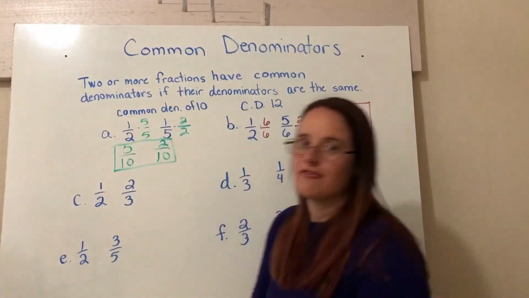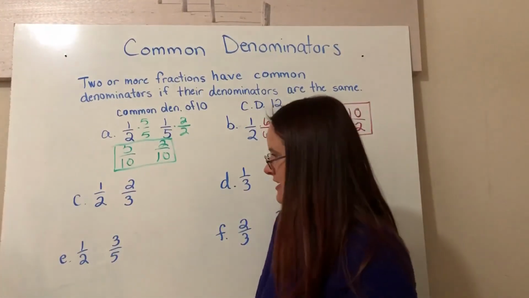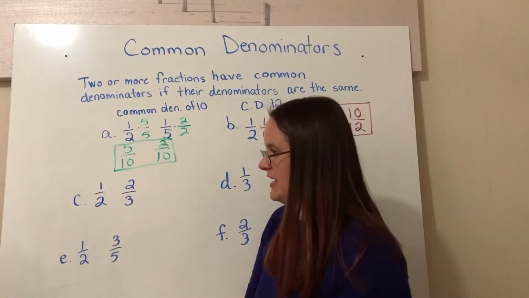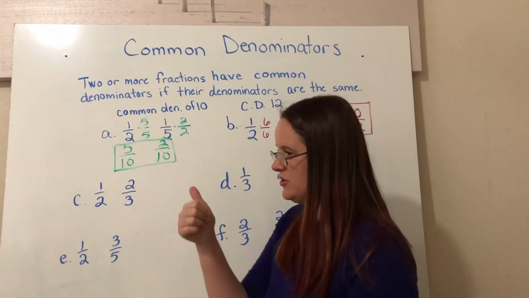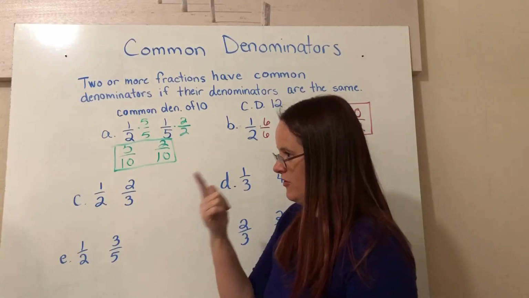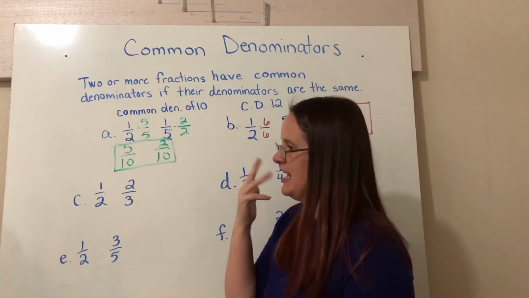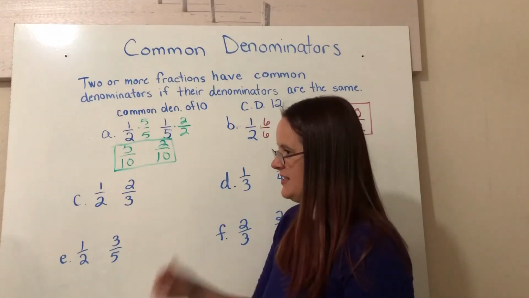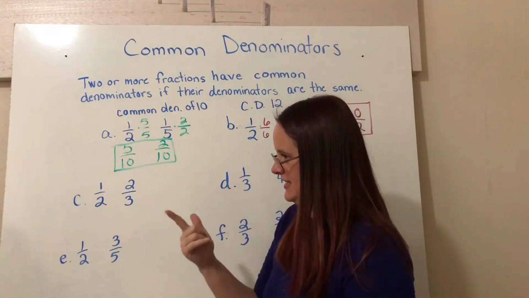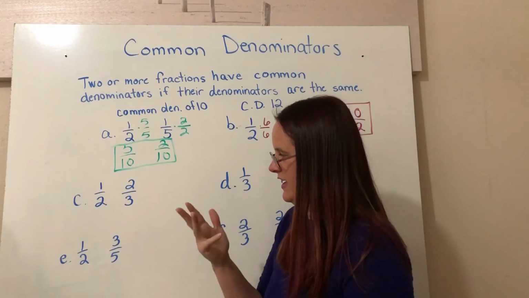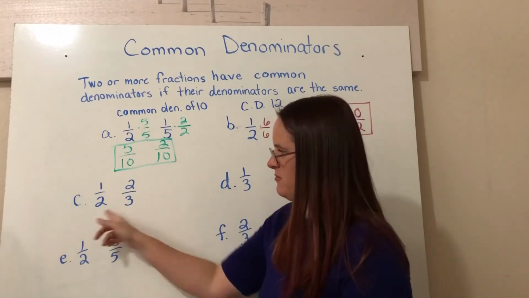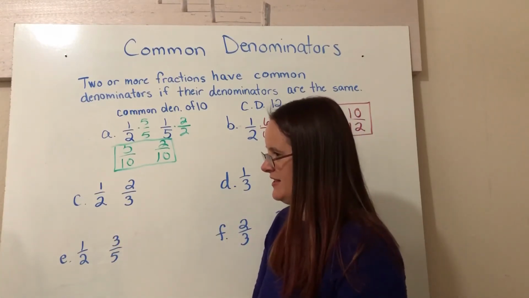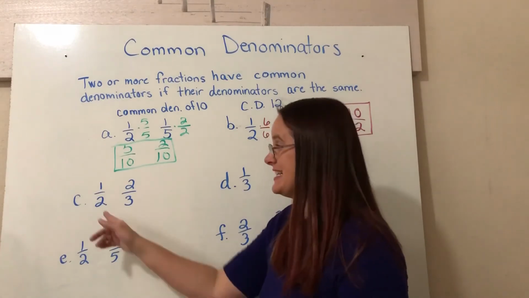C, we're looking for the least common denominator. So 2 and 3. Let's count by 2s. 2, 4, 6, 8, 10. Now let's count by 3s. 3, 6, 9, 12. What number did we say for both of those? 6. We said 6.